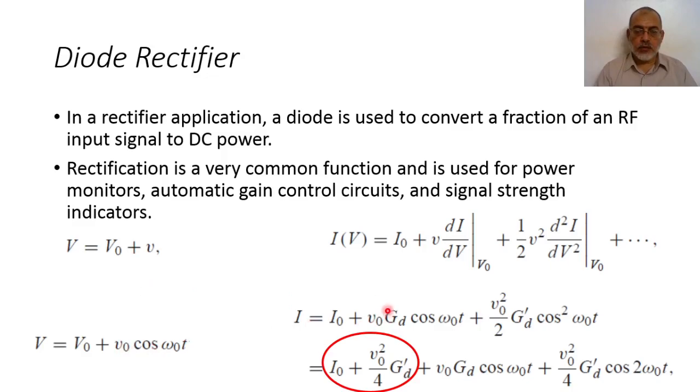of the AC signal V0 multiplied by the dynamic conductance of the diode multiplied by cosine omega naught t, plus V0 squared over 2 multiplied by GD dash multiplied by cosine squared omega naught t.